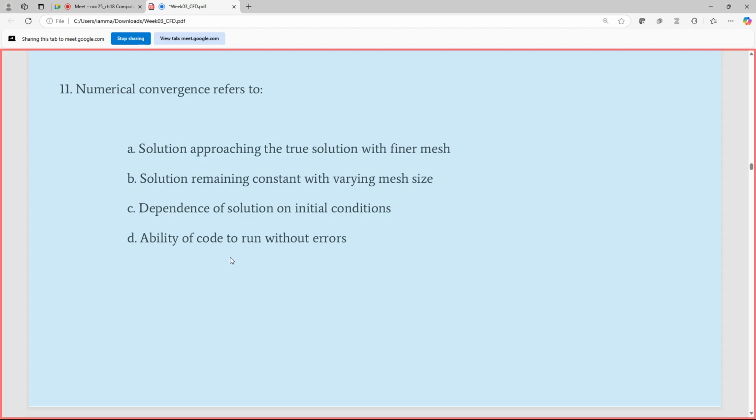Option D, ability of code to run without errors. So, what does numerical convergence mean in CFD? Option C, dependence of solution on initial conditions. Option D, ability of the code to run without errors.